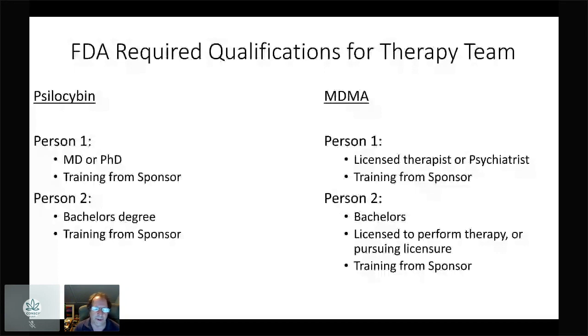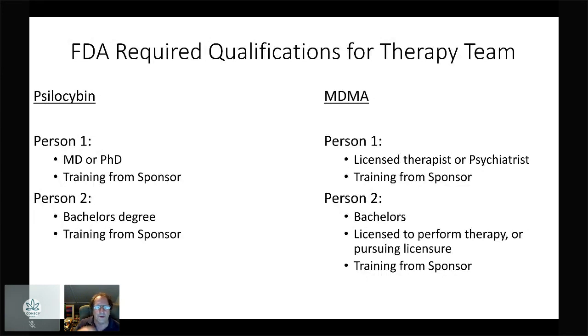The second person needs to be a bachelor's, and they're licensed to perform therapy or pursuing licensure. But the lead person for psilocybin, at least up till this point recently, has been required by FDA to be an MD or a PhD.